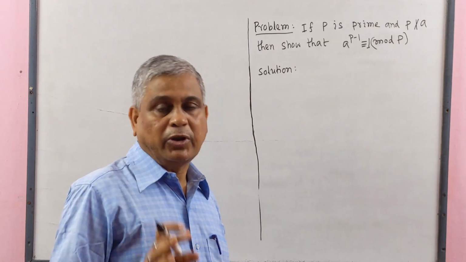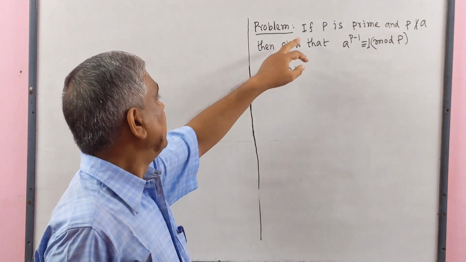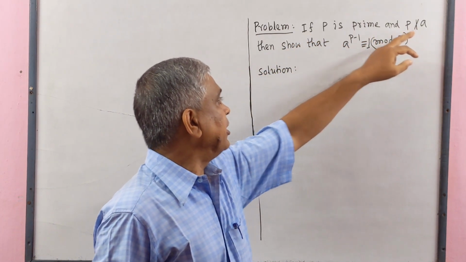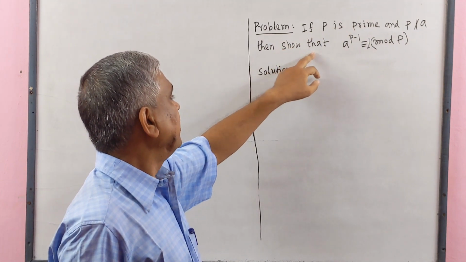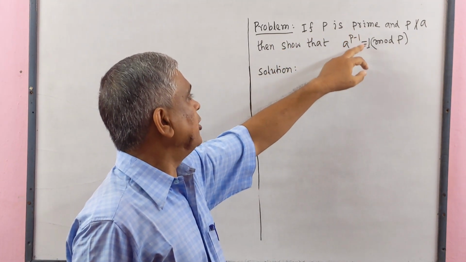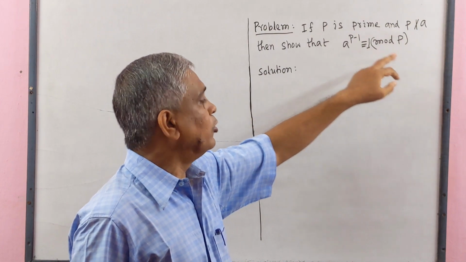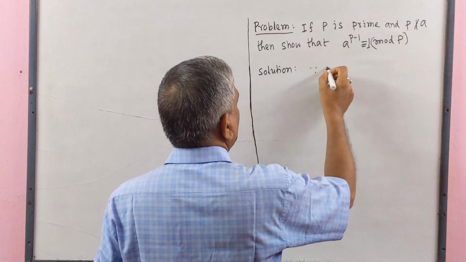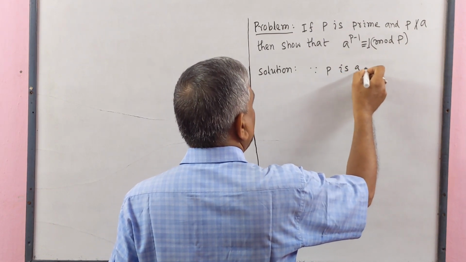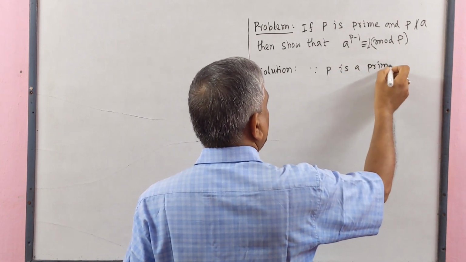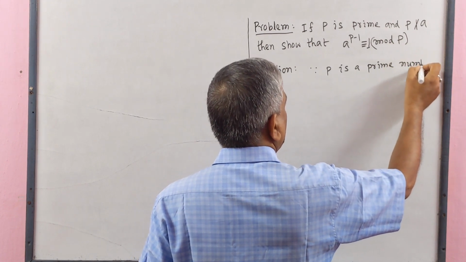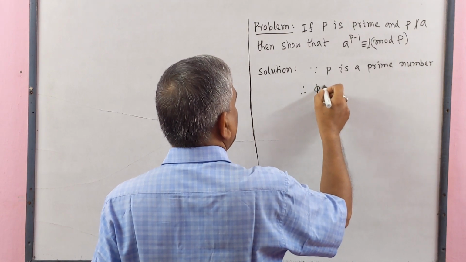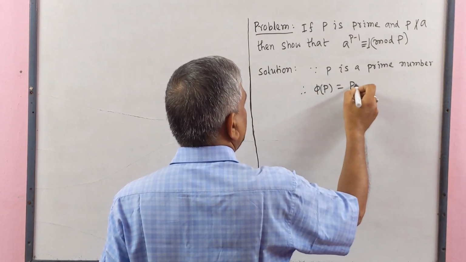Now we solve a problem. Problem is, if P is prime and P does not divide A, then show that A to the power P minus 1 is congruent to 1 modulo P. Since P is a prime number, therefore Euler's phi function of P equal to P minus 1.